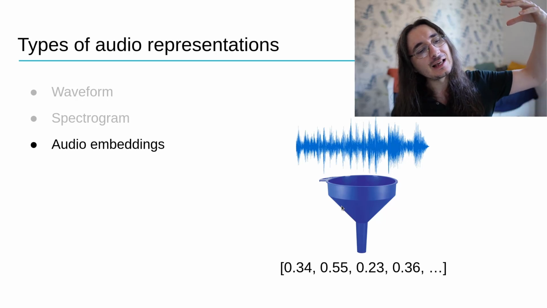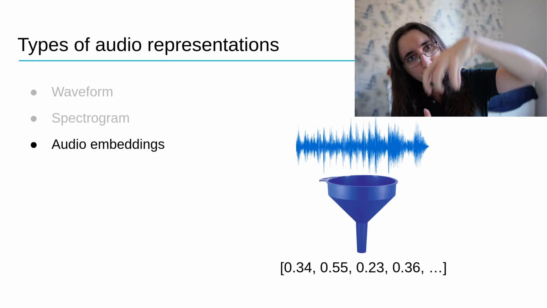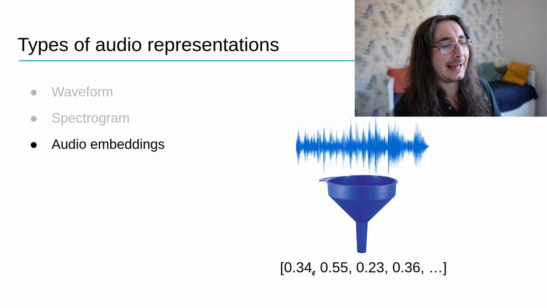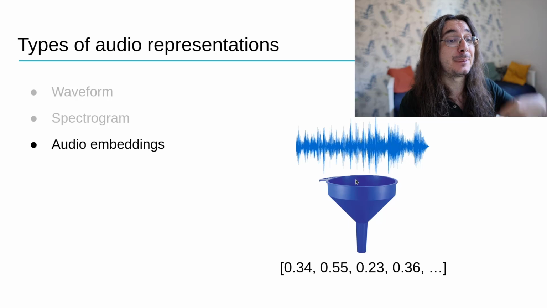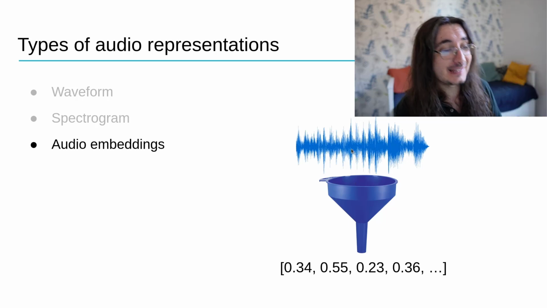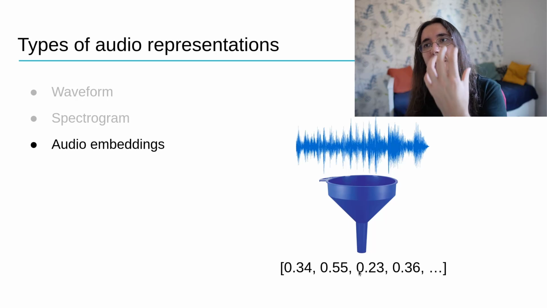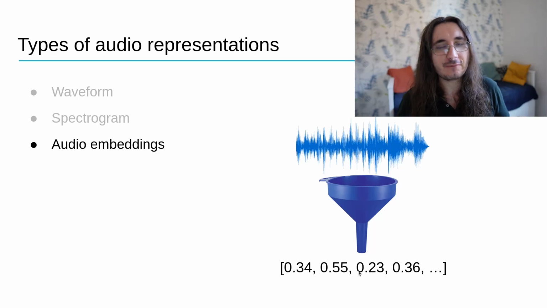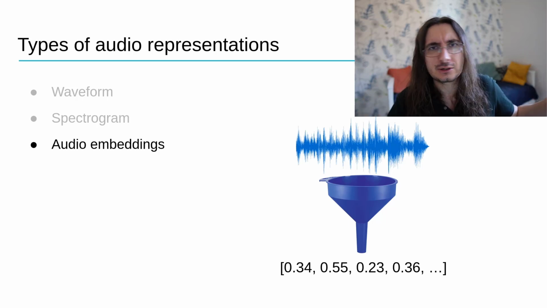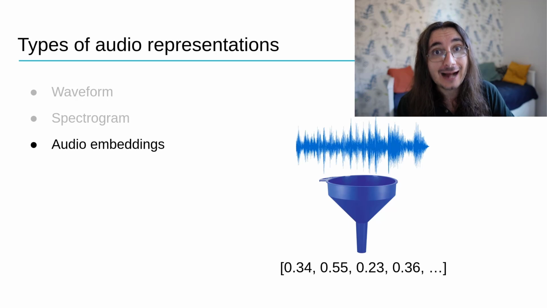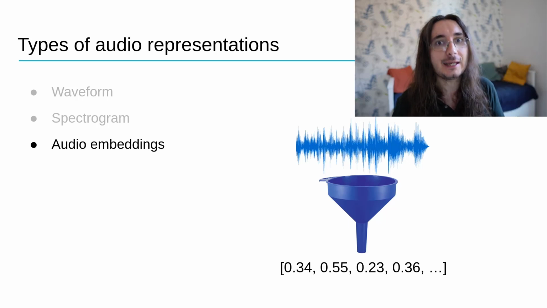So you pass the waveform through this bottleneck and you get a more compact representation of that particular waveform. This is called an embedding. And the advantage of this is that you're going to get a representation of that piece of music or that sound, because you can apply it also for speech, that is more compact. And as we've seen, there's a lot of advantage that comes with dealing with more compact representations of music when we deal with generation.